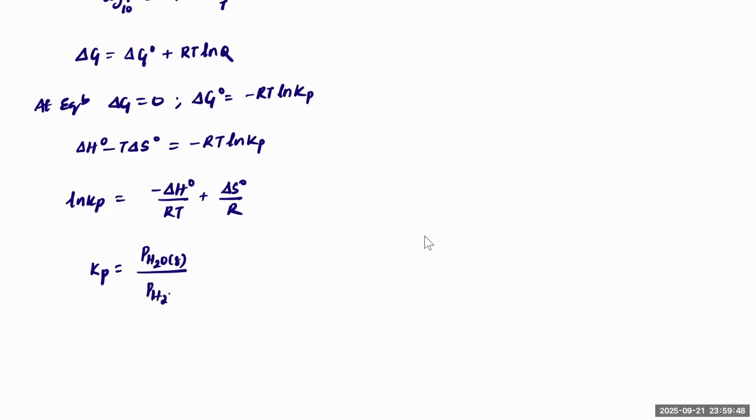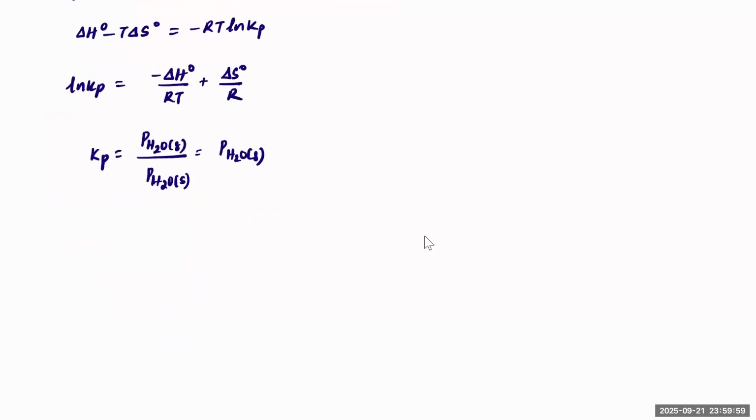For liquid or solid, we always assume this to be 1. So it is simply the pressure here, and the pressure of water means it is vapor pressure. So ln P is equal to minus delta H naught by RT plus delta S naught by R.